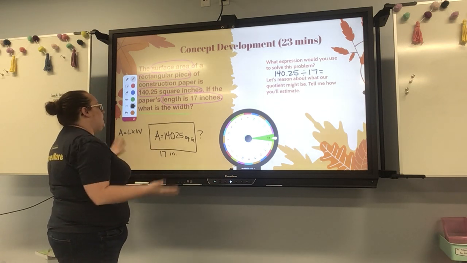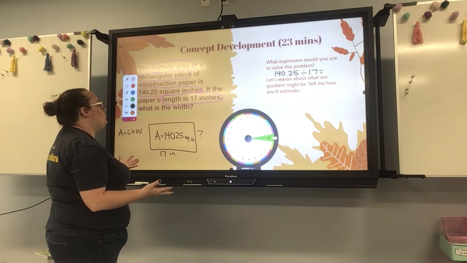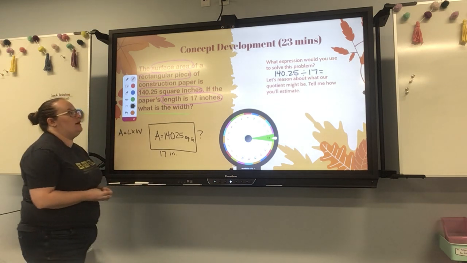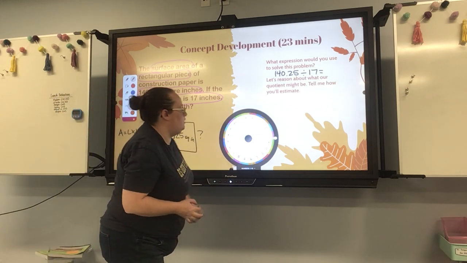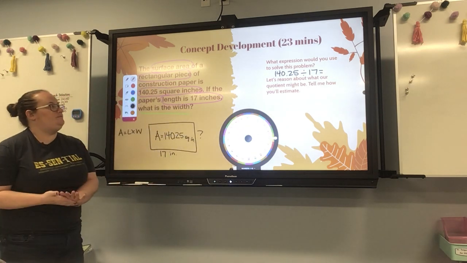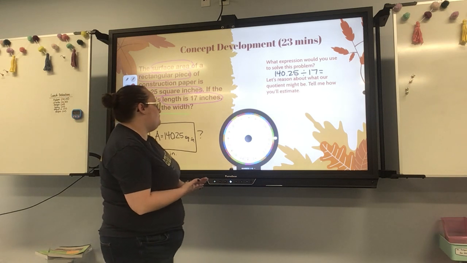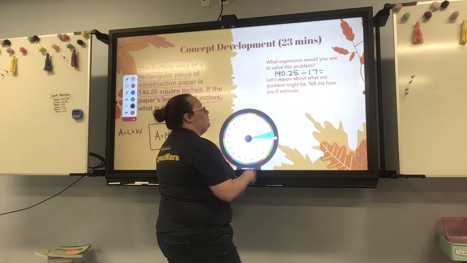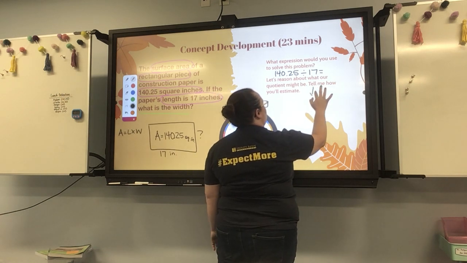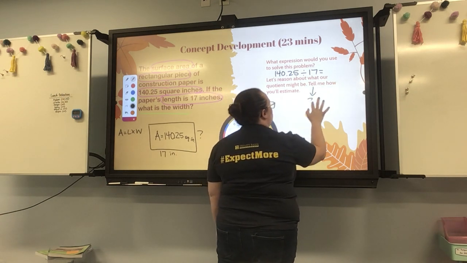Okay, let's think about what our quotient would be, our estimate. Well, number 5 is going to help me out with that. What would my divisor round to? 20.